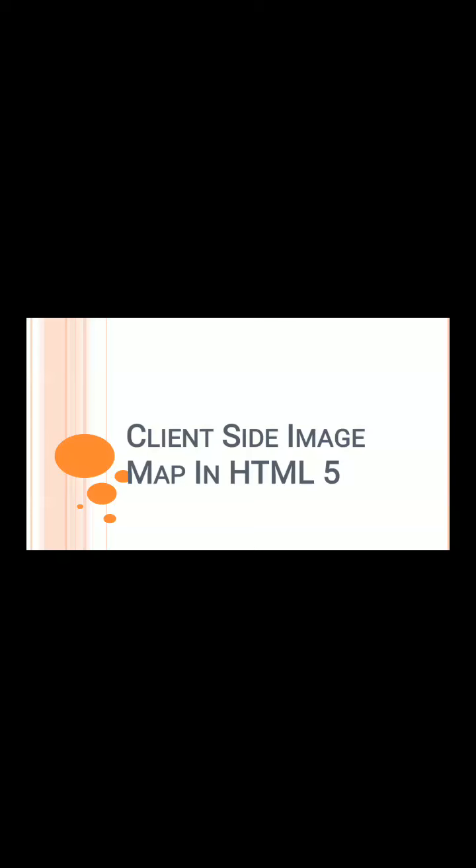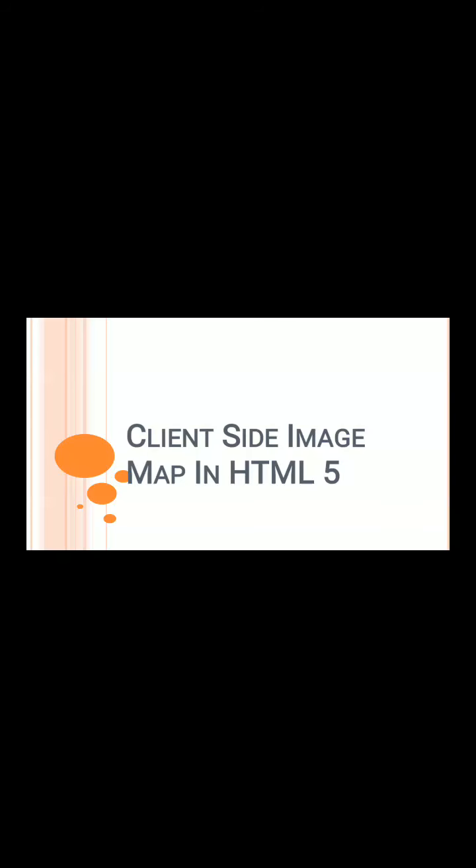There are two types of image map, client-side image map and server-side image map. The client-side image map depends on the client machine, whereas the server-side image map depends on the server machine. In our syllabus, we only have the concept of client-side image map.